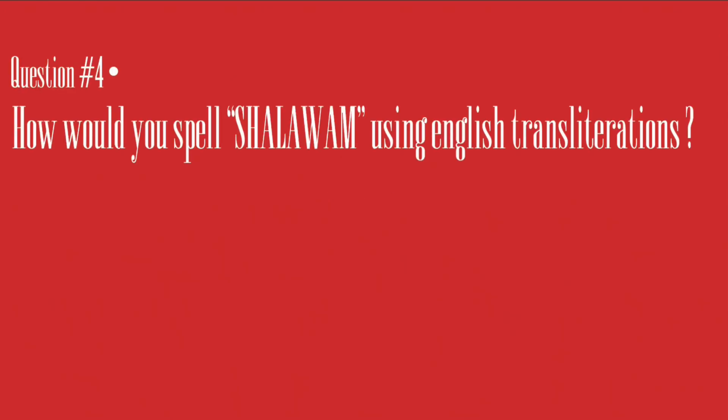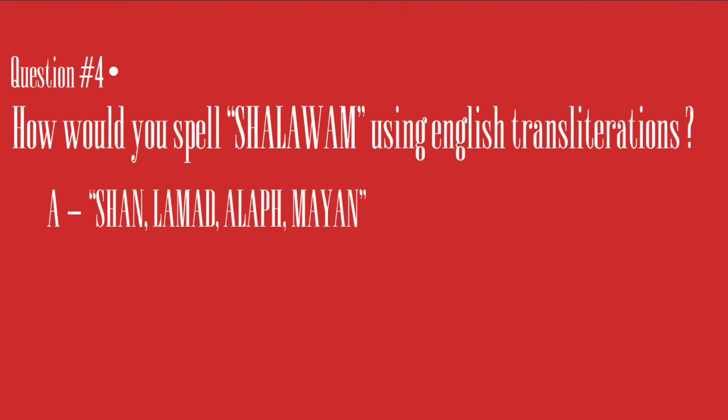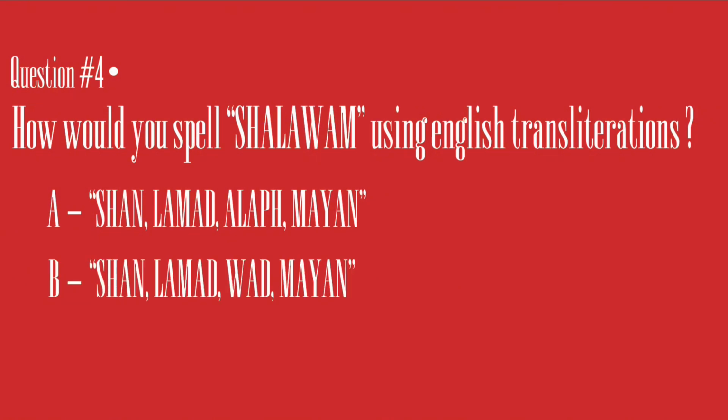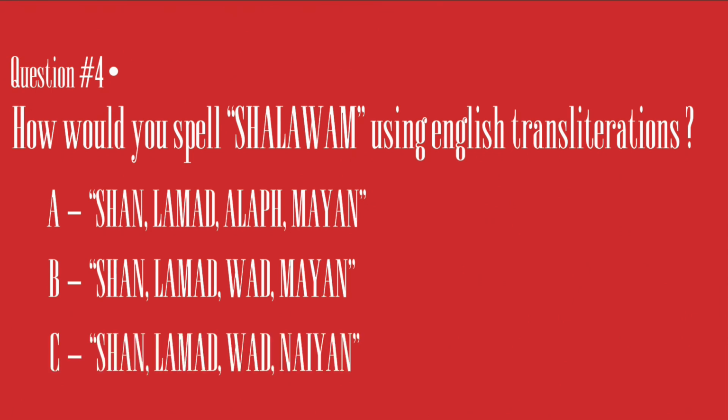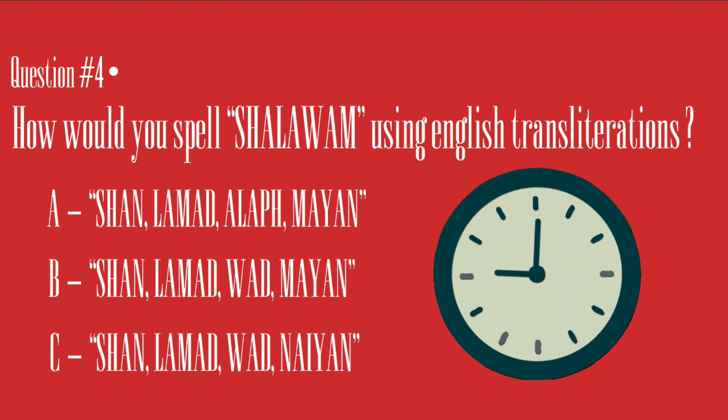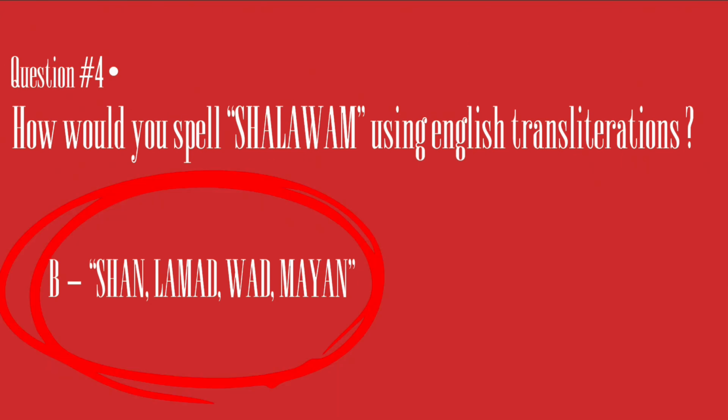How would you spell Shalawam using the transliterations in English? A, Shan, Lamad, Alap, and Mayam. B, Shan, Lamad, Wad, and Mayam. Or C, Shan, Lamad, Wad, and Nayan. If you chose B, you are correct.